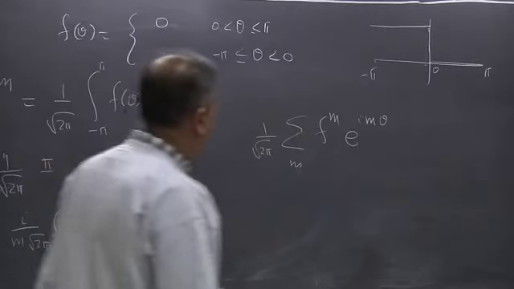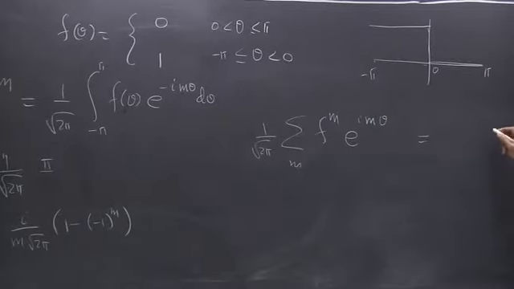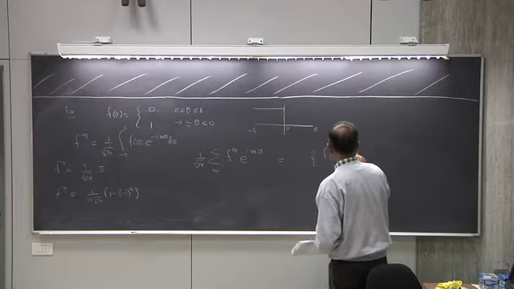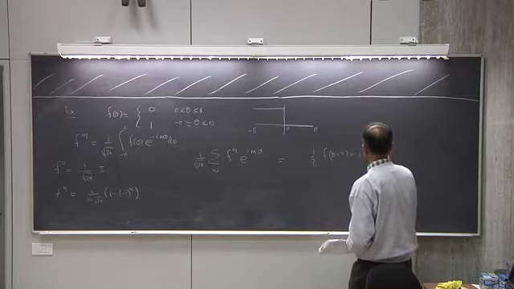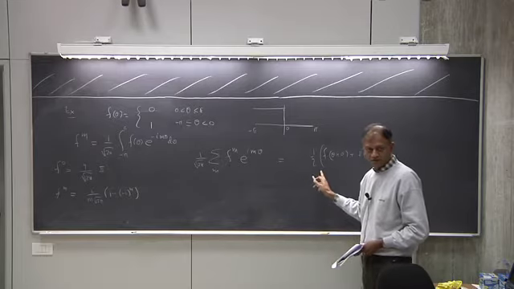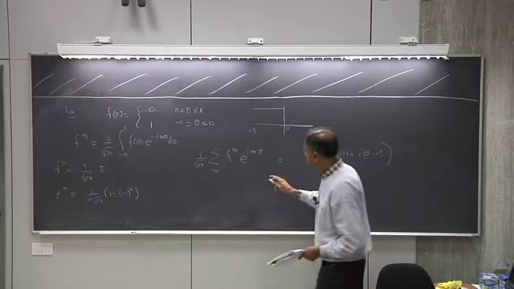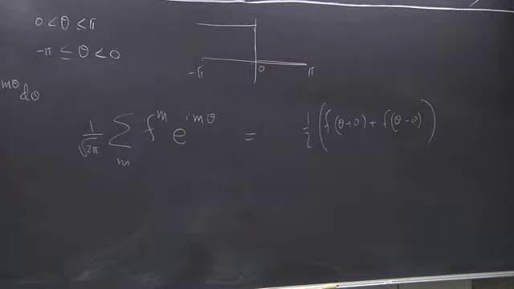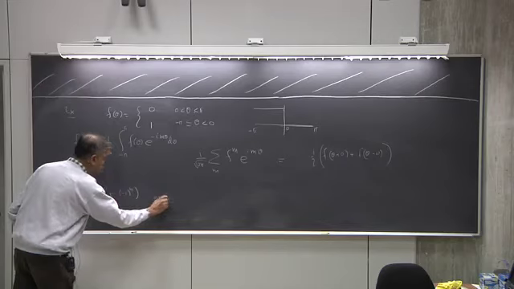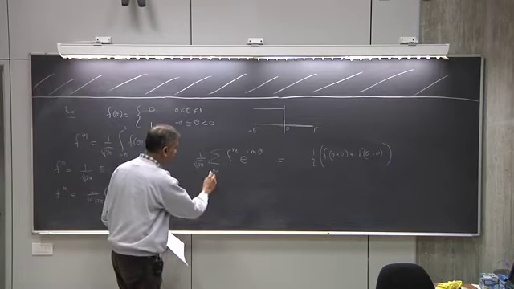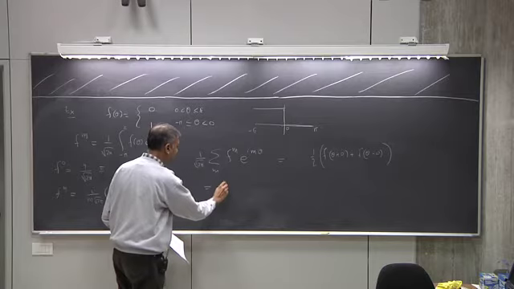Because remember, this is supposed to give you one half of f of theta plus 0 plus f of theta minus 0. This is what the theorem says. It should give you that, and indeed we checked. This is for m not equal to 0; f_0 is separate, and the sum is over everything.